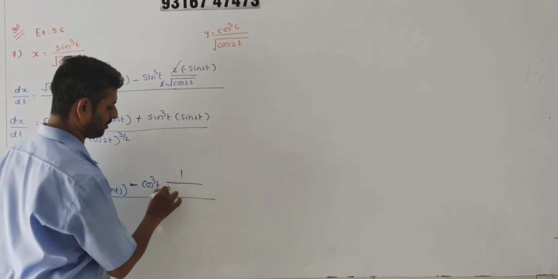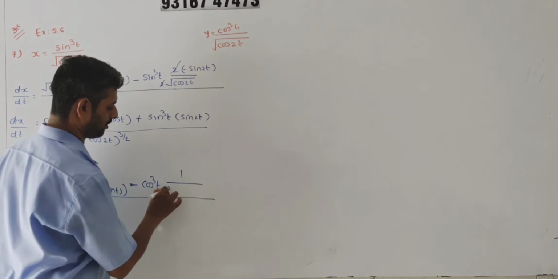So into 3 cos square t sin t, minus minus plus sin 2t cos cube t, upon cos 2t. We have found dx by dt and dy by dt.